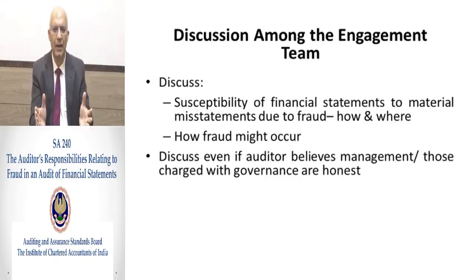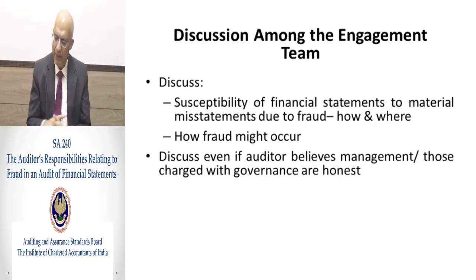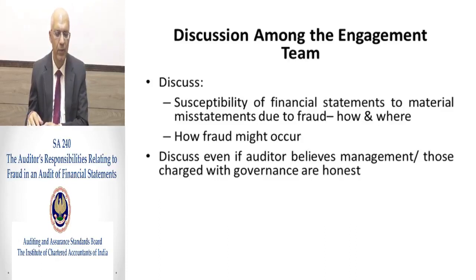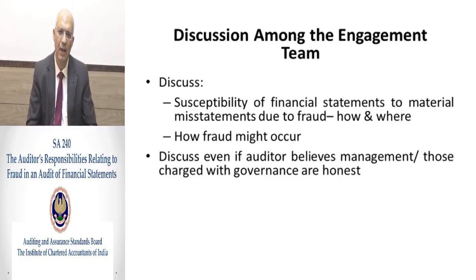This entire thing has to be discussed between the engagement team: what is the susceptibility of the financial statements to material misstatements due to fraud, and how and where they can occur? Is it revenue? Could it be inventory? Could it be fixed assets? Is it in terms of contracts? These are things to be discussed within the engagement team.